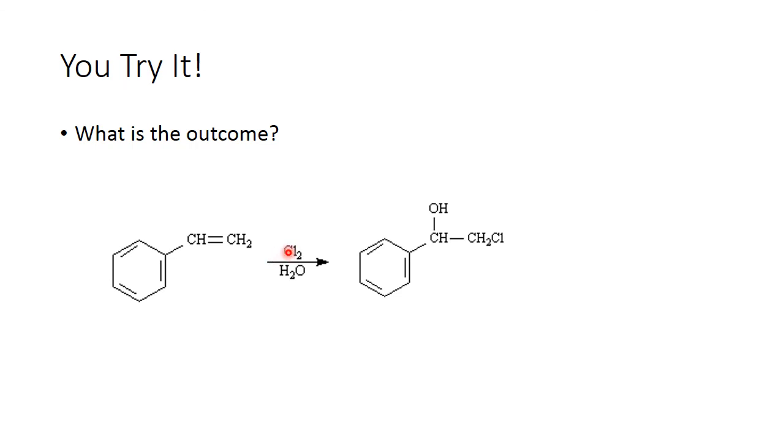We're going to have chlorine add, the conditions are for hydrohalogenation, so we get a chlorine adding to one carbon and a hydroxyl group adding to the other. Which one does the chlorine go to? It goes to the less substituted carbon, and the hydroxyl group goes to the more substituted carbon. So we end up having this compound, this arrangement. Anti-addition occurred, but you just can't see it with this compound, so we don't bother indicating it in any way.